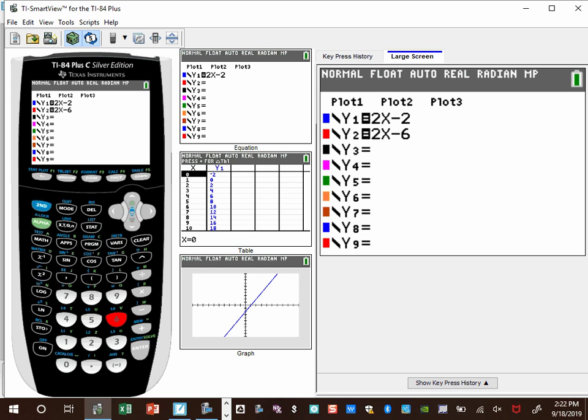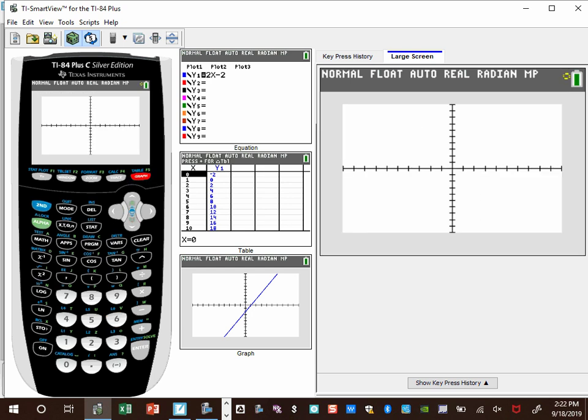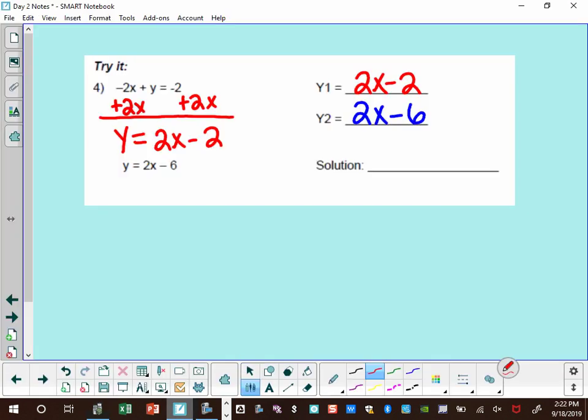Once you have that, hit graph. Let your calculator do the work. Parallel lines. Are they? Yes. Okay, they're parallel lines. So, no solution because parallel lines. We don't have to go any further. My solution is no solution.